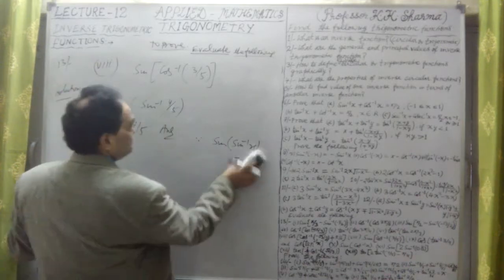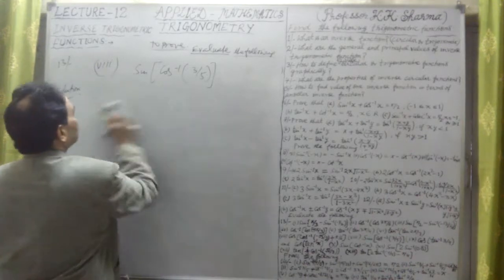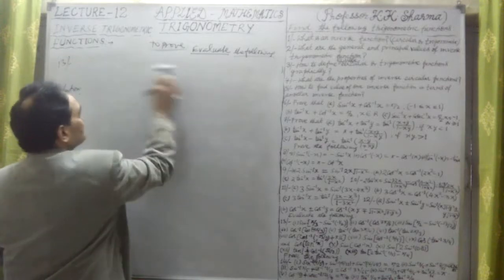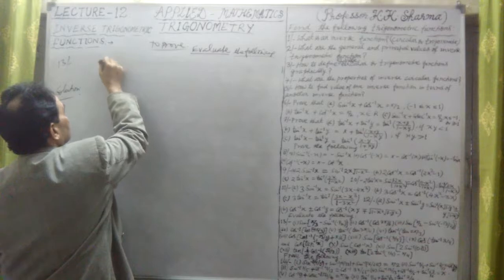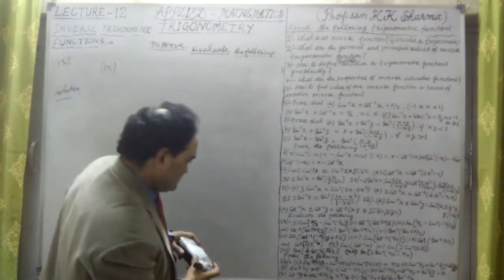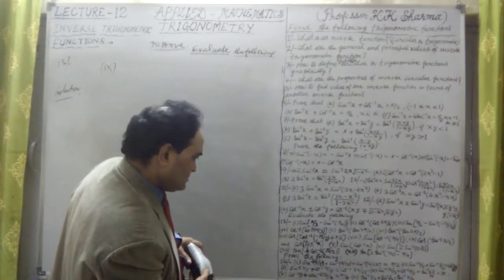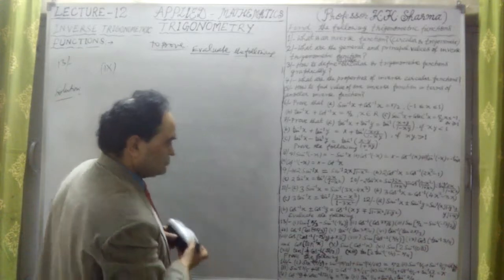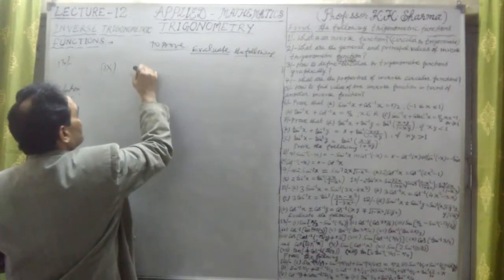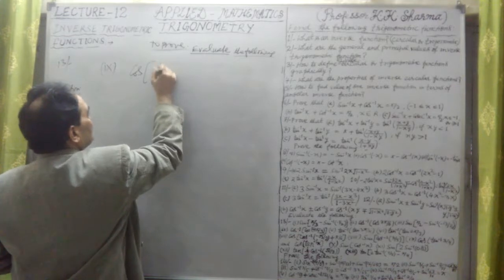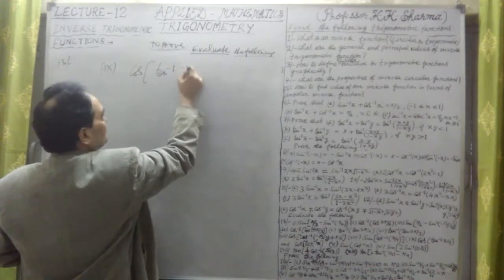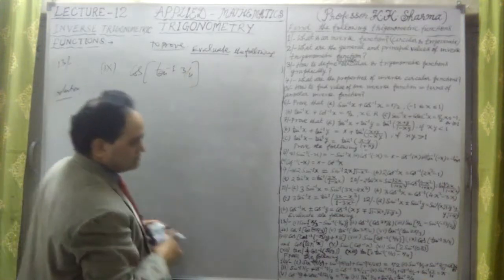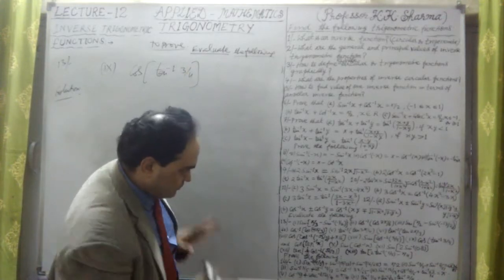Question number 13. Let us take now the 9th part. Part number 9 of this. What does the 9th part say? 7th, 8th, 9th. The 9th is cos of tan inverse 3 by 4.